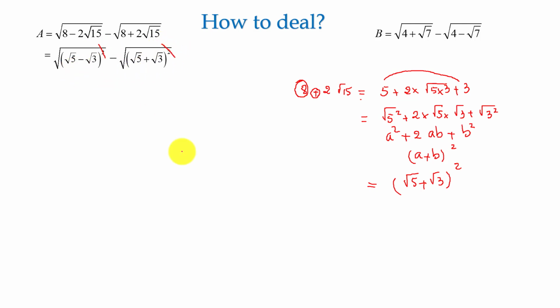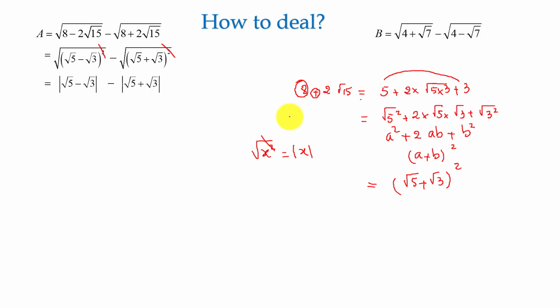But we know that if we have square root of x squared, we get the absolute value of x. So this equals the absolute value of square root 5 minus square root 3, minus the absolute value of square root 5 plus square root 3.